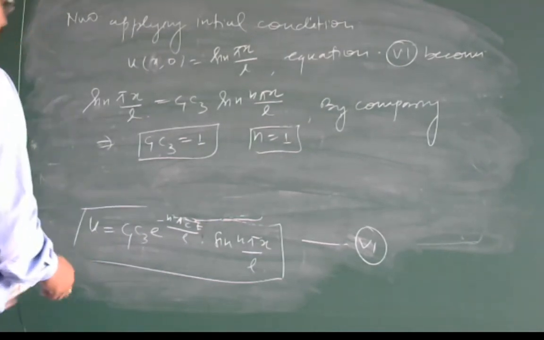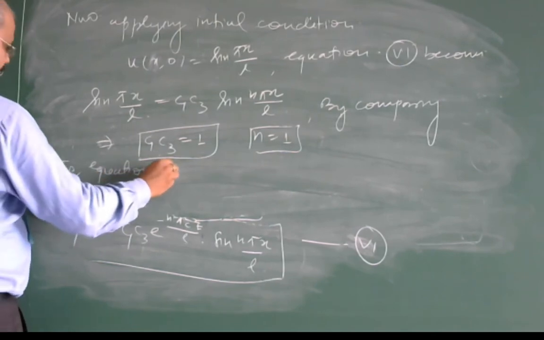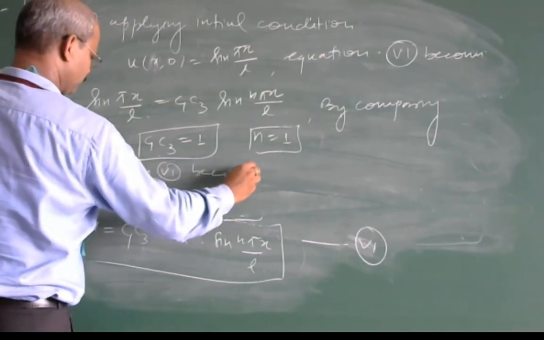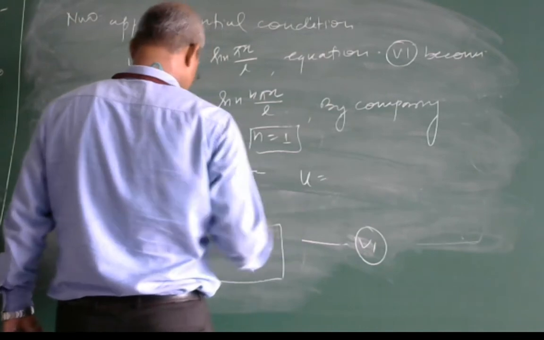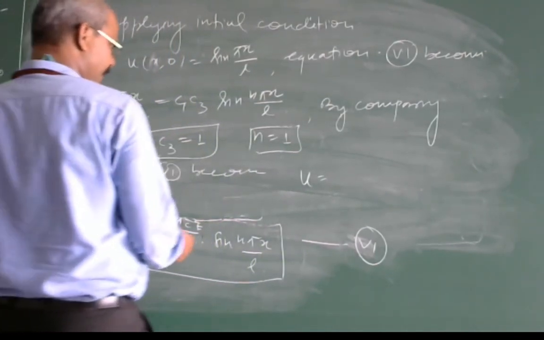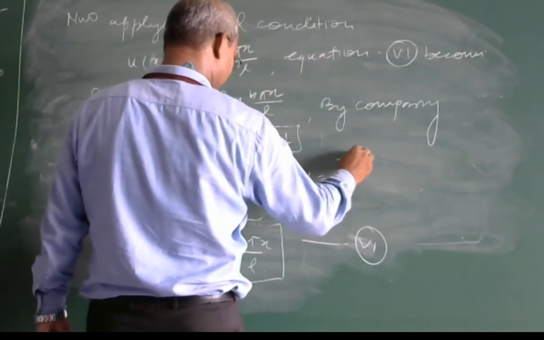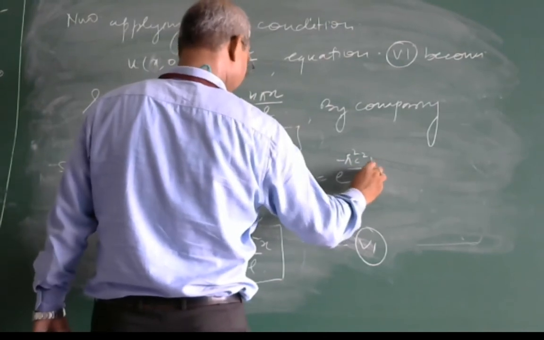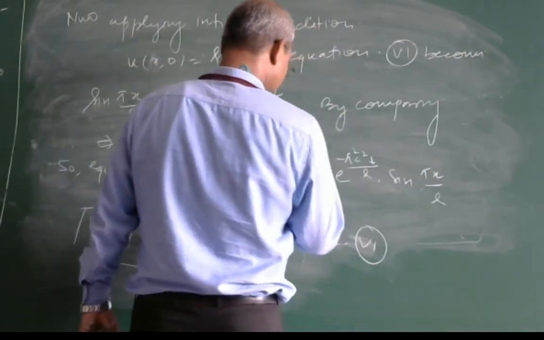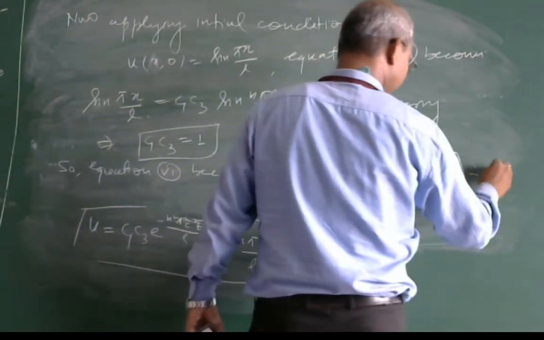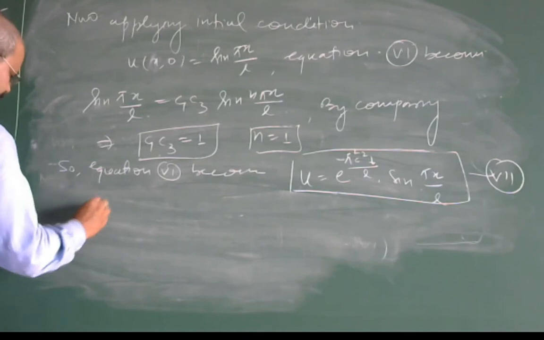So equation 6 becomes u equal to c1 c3 becomes 1, and n becomes 1, so e to the power minus pi square c square t by L square into sine pi x by L. This is equation 7.